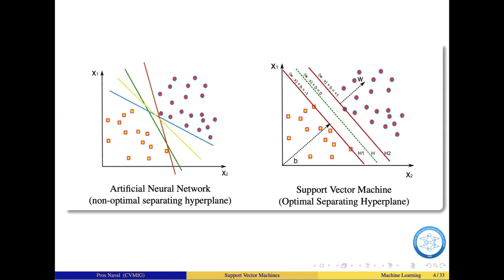And if you're a computer scientist and you insist on using ANN, people would judge you and think that you are using an obsolete method, which is not optimal. And they are correct.